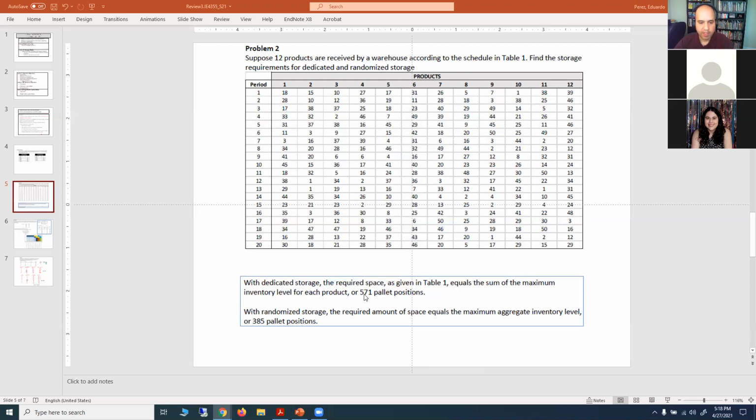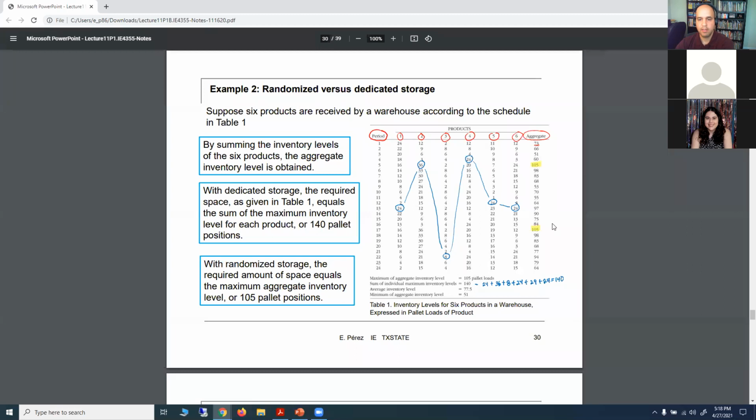And then with randomized storage, let me go back to this. For randomized storage, you're going to be summing for each period. You're going to do the summation of the total for each product. In this case, the summation is going to be 73. The summation is going to be 66.